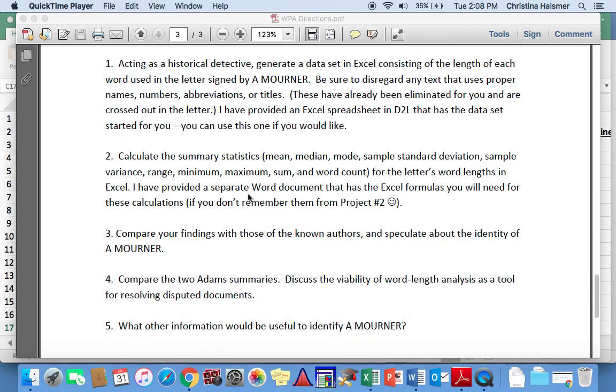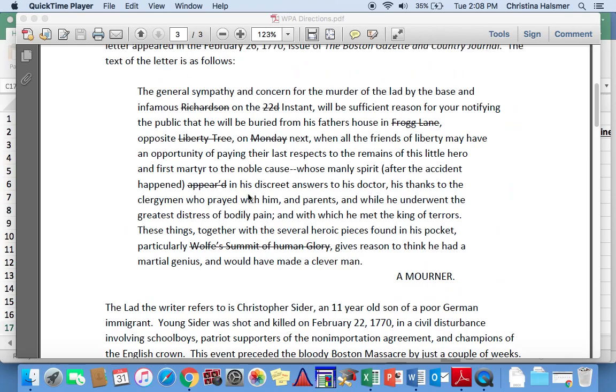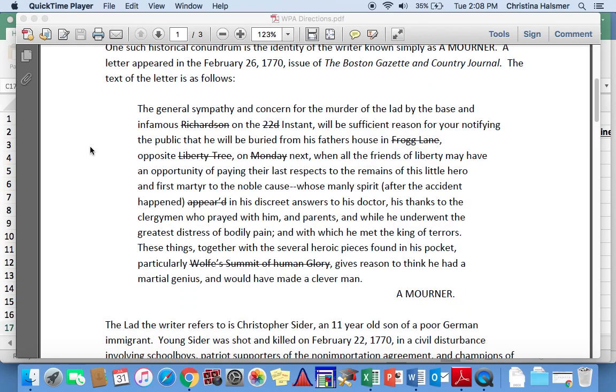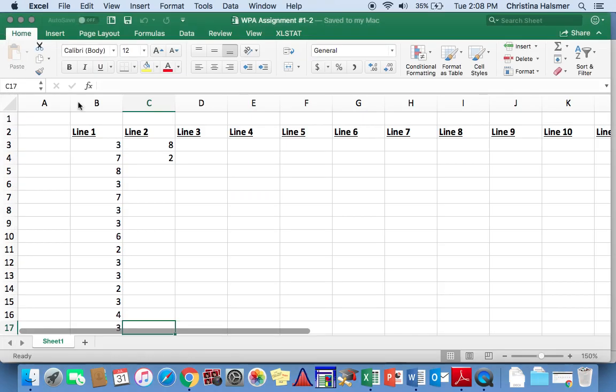If we go back up to the letter, this is the spreadsheet that I've provided to you. I haven't added anything to this yet, but I just want to explain the layout. It's divided up by lines, and each cell here represents a word in that line.